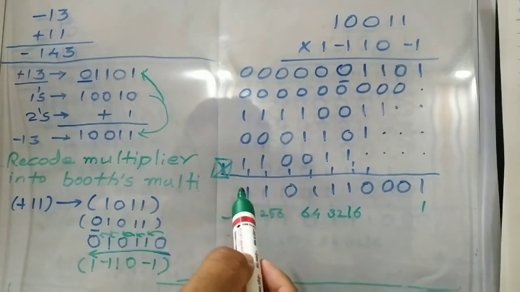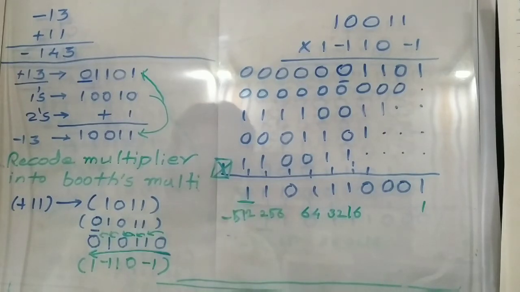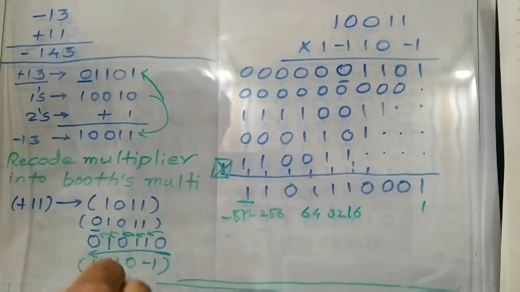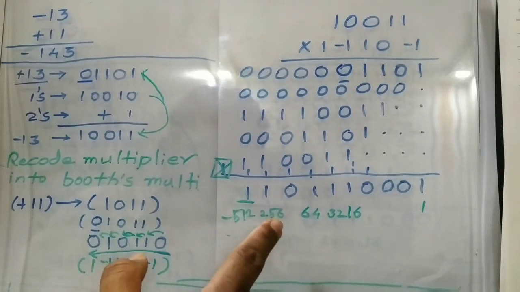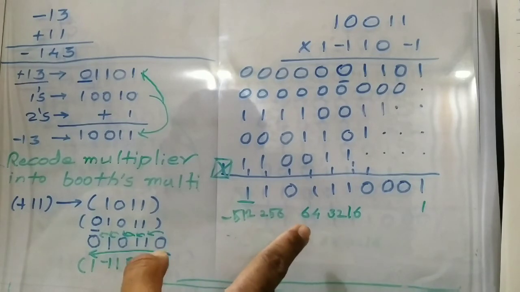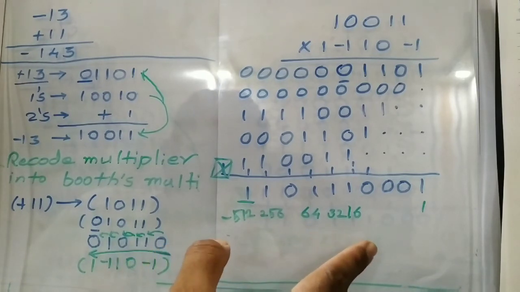And why minus? Because this bit is the sign bit, so if it is 1 we have to take minus, and if it is 0 we don't require any number to write. So minus 512 plus 256 plus 64 plus 32 plus 16 plus 1.